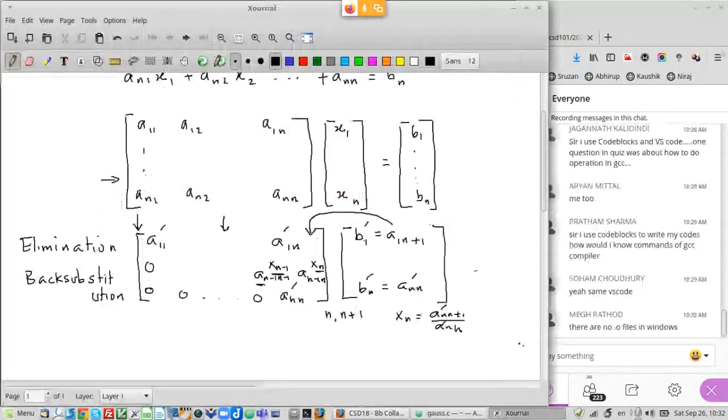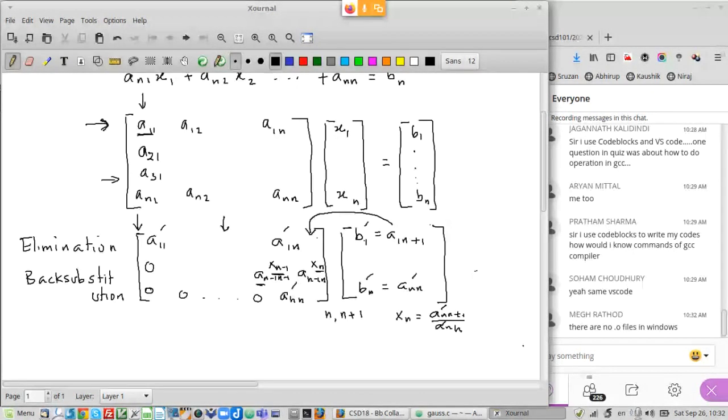If you remember, we start with this row, then you eliminate from the next row, a21, then a31, and so on. So imagine that you divide this by the pivot element value a11, multiply by the negative of a21, so this whole thing becomes minus a21.